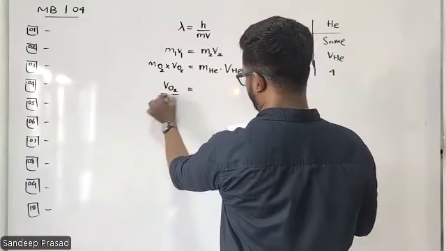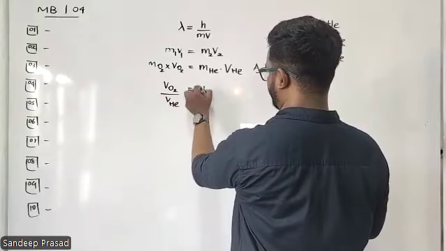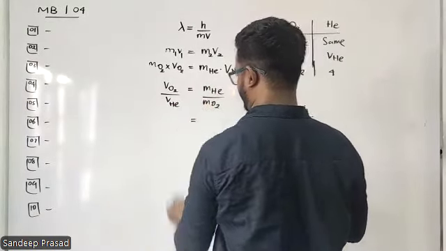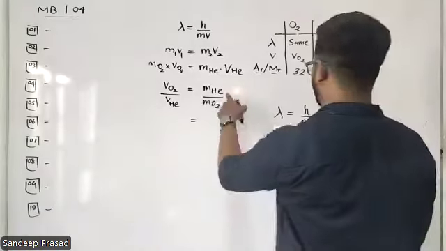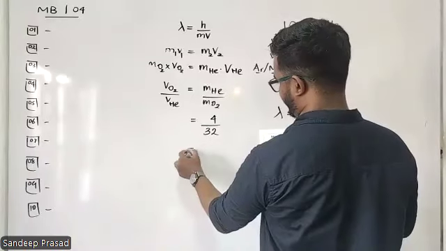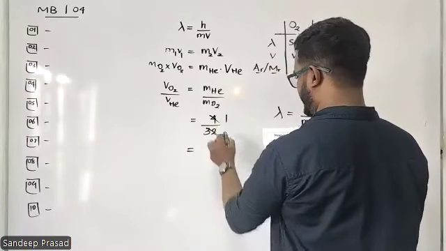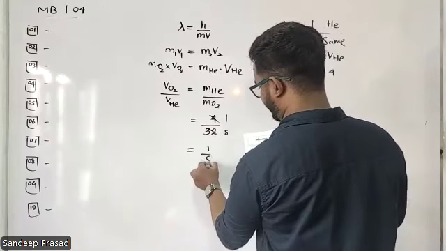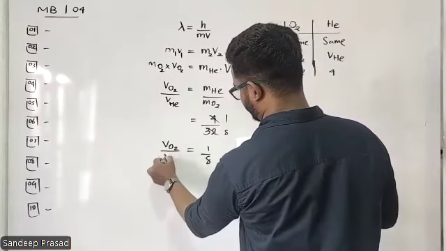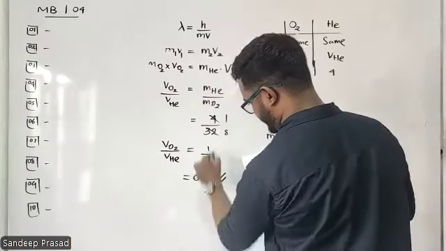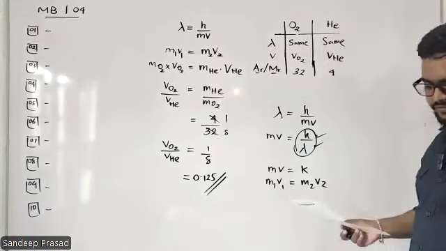So V O2 over V helium is equal to M helium over M O2, right? The speed ratio. So what is the mass I have taken here? 4, and this is 32. Then I can say here 1 and here 8. So 1 over 8, which is 0.125. When you divide 1 by 8, the answer is 0.125.